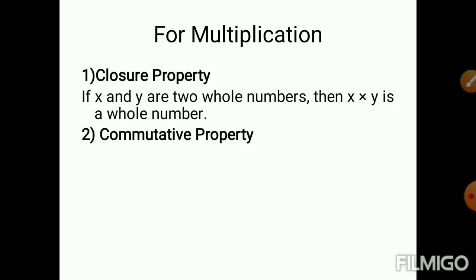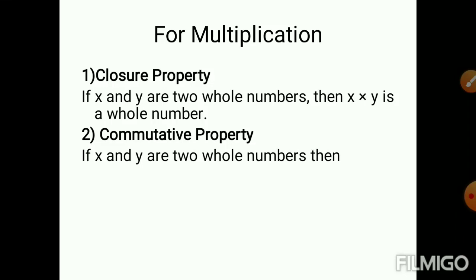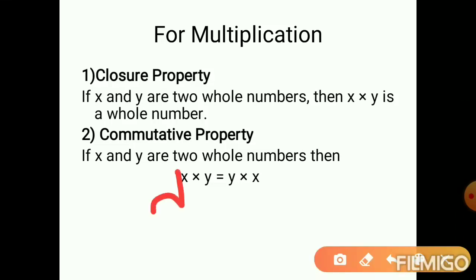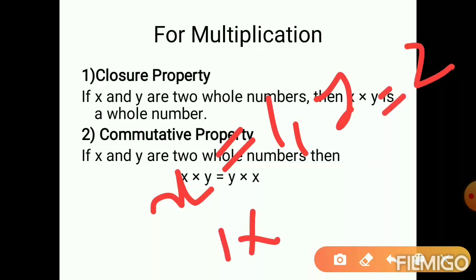Second property is commutative property. It says if x and y are two whole numbers, then x into y will be equal to y into x. We can multiply the numbers in any order. Suppose x is 1 and y is 2. So x into y is 1 into 2 and y into x is 2 into 1.